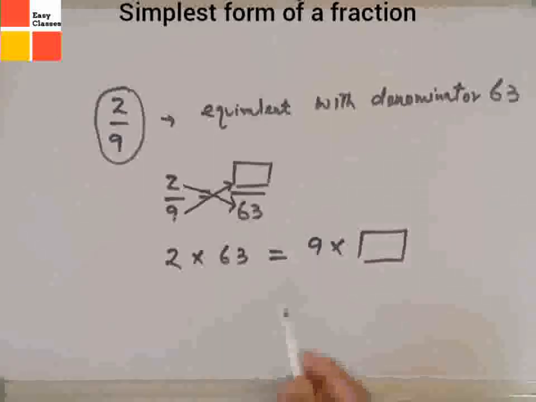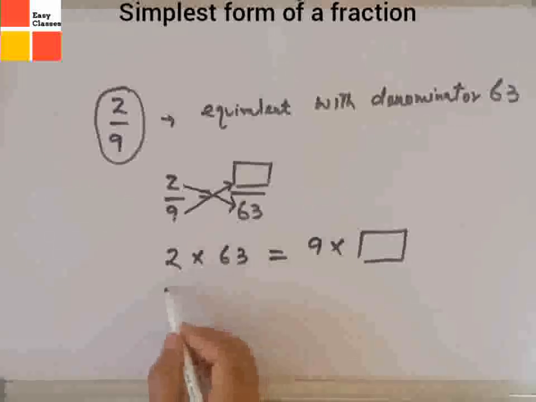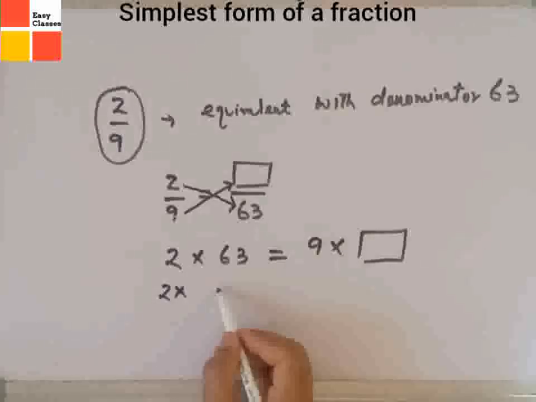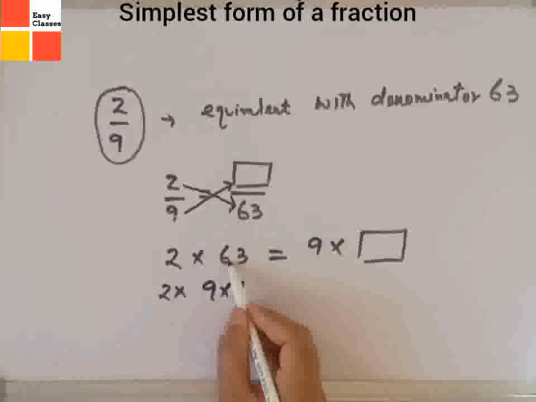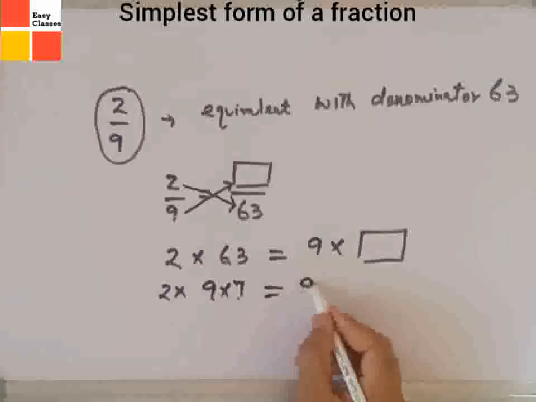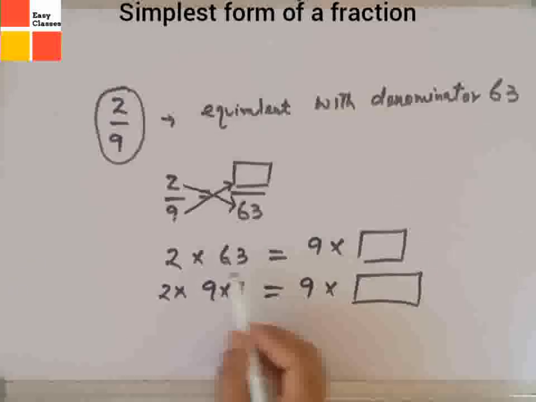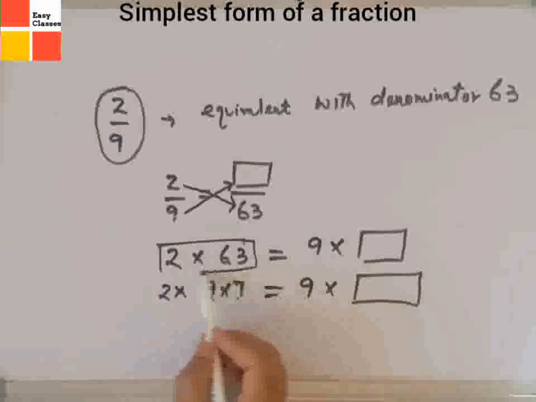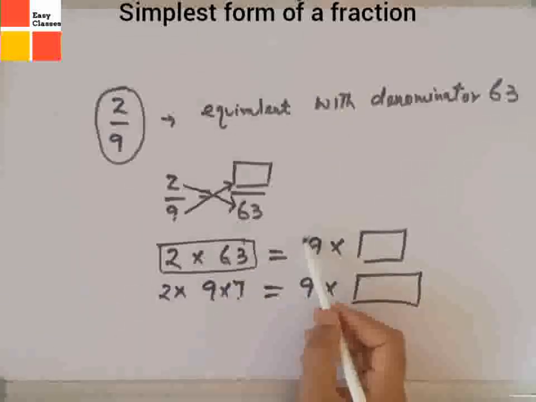Now try to reduce this. 2 into 9 into 7, 9 7s are 63, is equal to 9 into, now see, when these two numerical expressions will be equal.